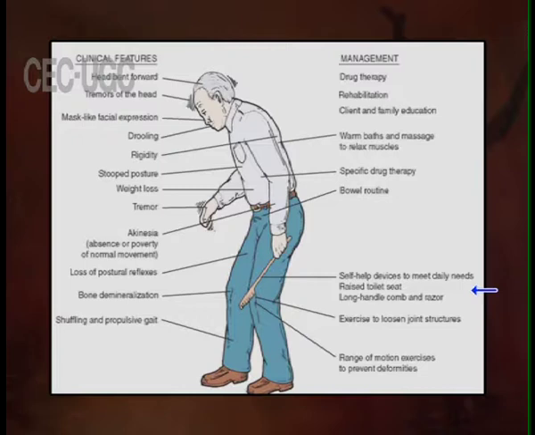In addition, since there is rigidity and bone demineralization, which may result in further problems with relation to rigidity and tremors, exercises to loosen the joint structures may be of some help, and range of motion exercises to prevent deformities can also help. Put together, all this management support may help the individual and his family in managing the situation a little better.